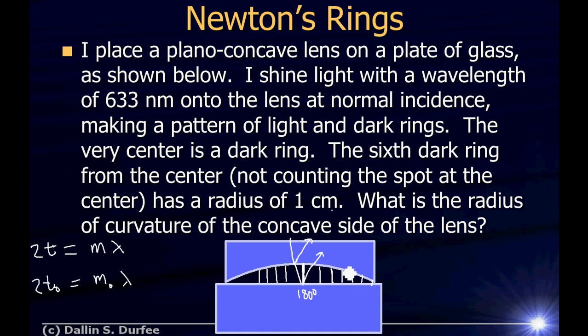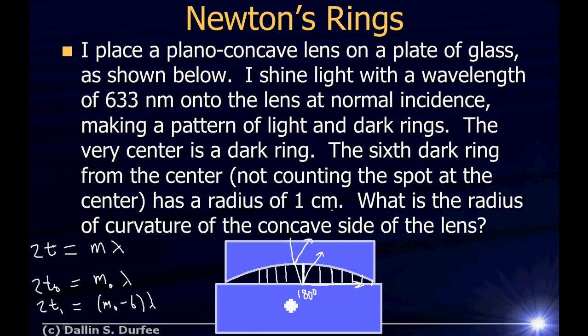So that means the thickness out here, once I've gone out 1 centimeter, we'll call that thickness t1 for 1 centimeter. That's going to equal m naught minus 6 times lambda, because as I move out different fringes, m goes down, all right? So if I know the thickness at the center, that's 2 t naught equal to m naught times lambda, right?